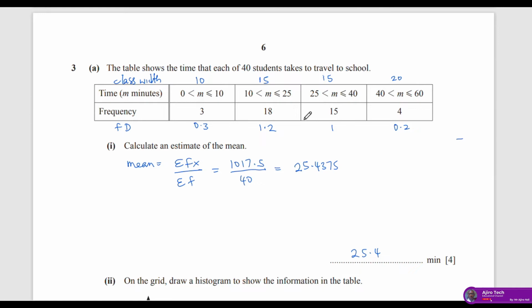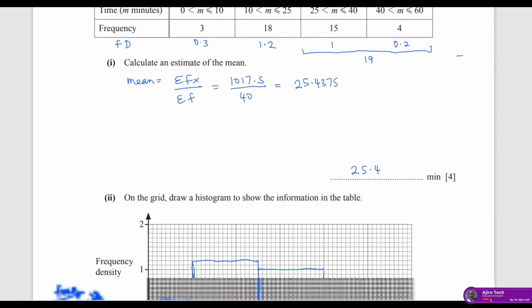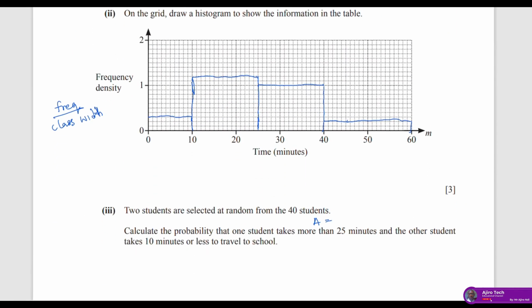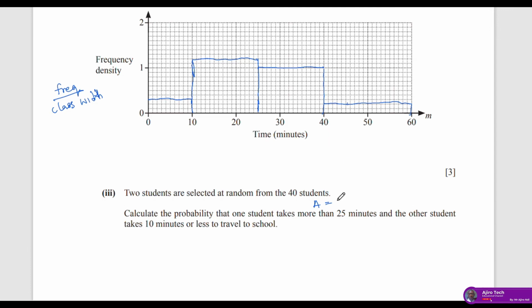From here above, all these values are bigger than 25. How many of them? 15 plus 4. So that gives us 19 students.